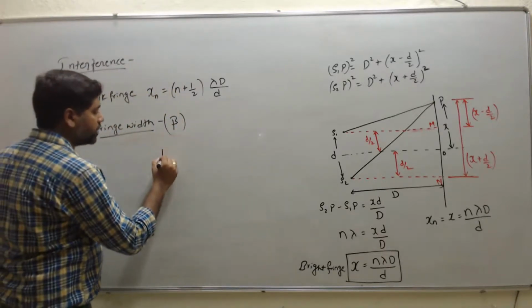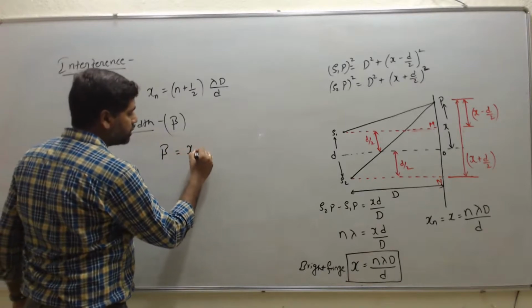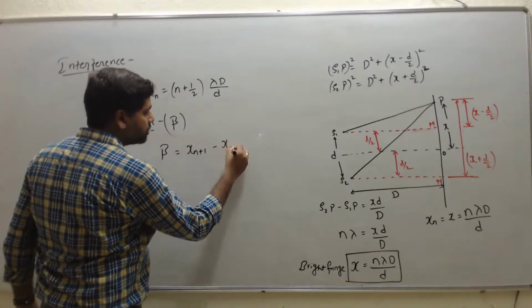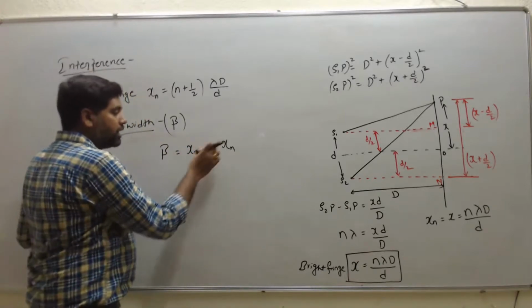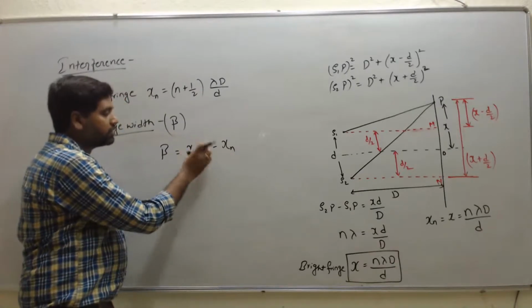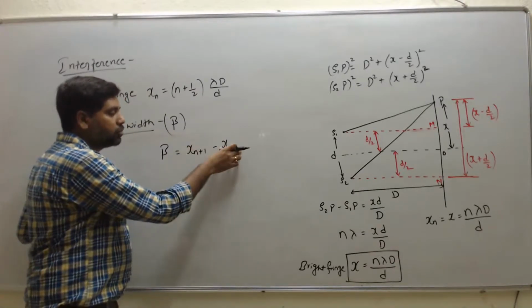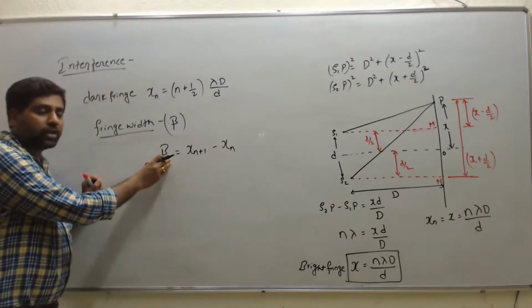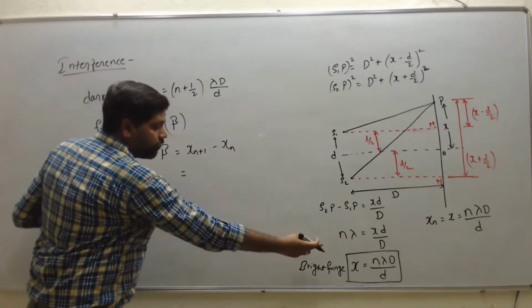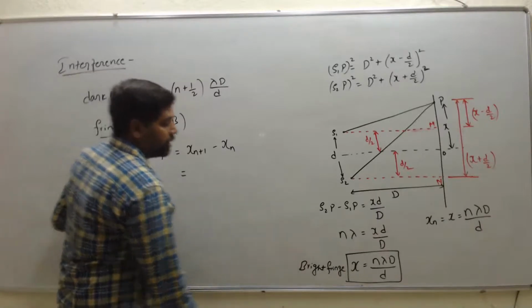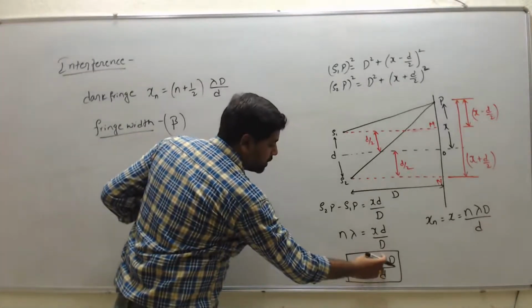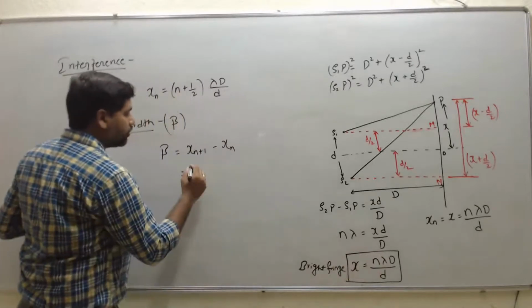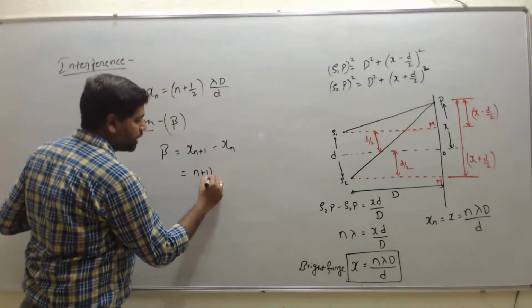That is beta equals xn plus 1 minus xn. So for the bright fringe, n becomes n plus 1.